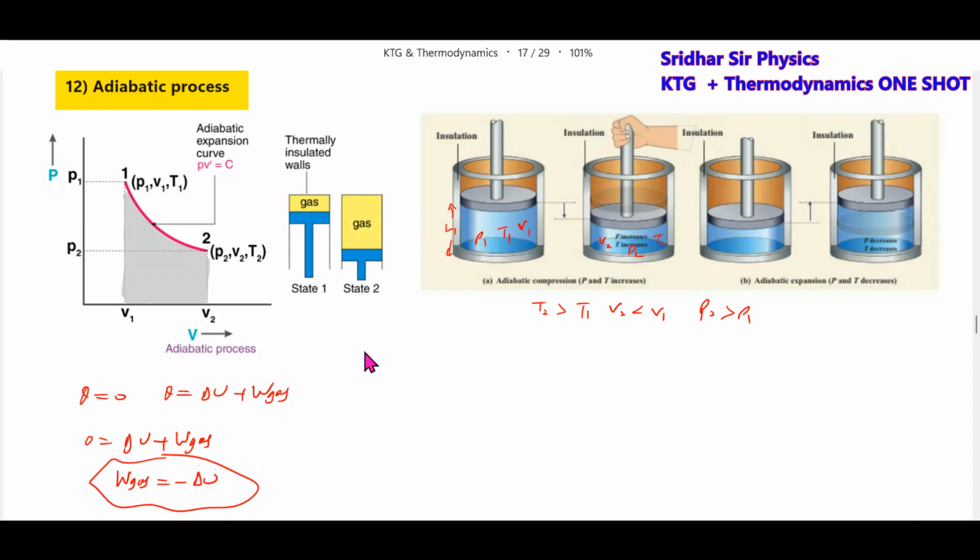Then they are related by these equations. PV^gamma equal to constant. Similarly, TV^(gamma minus 1) equal to constant. Then P^(1 minus gamma) T^gamma will be constant.